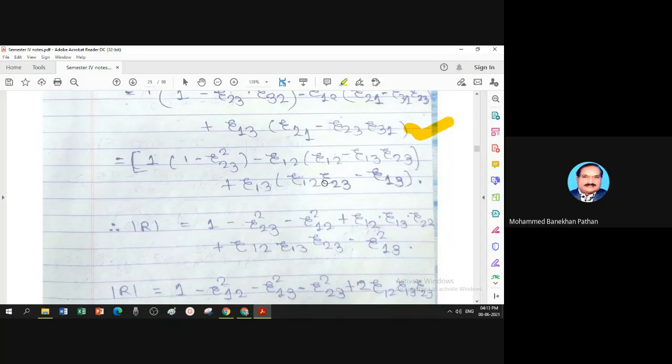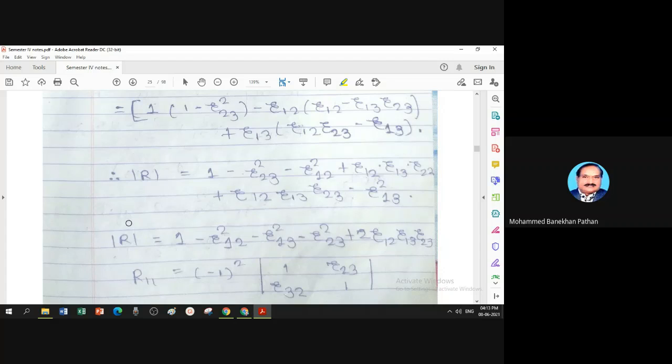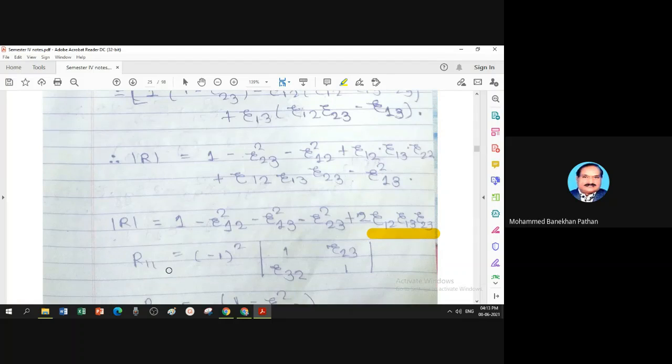R13 multiplied by this: minus and minus is plus, so this R13 is a plus product, and plus R13 times minus R13 is minus the square of R13. So what is the determinant of R in a simplified way? It is 1 minus the square of each correlation plus 2 times the product of R12, R13 and R23. What is the denominator? It is R11, which is called the cofactor of order 1,1.